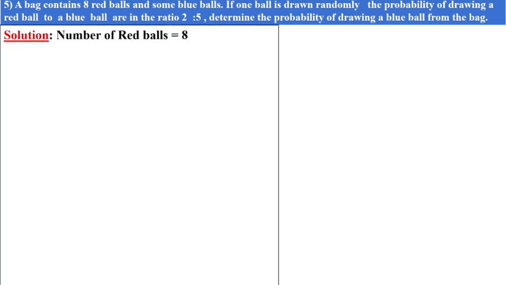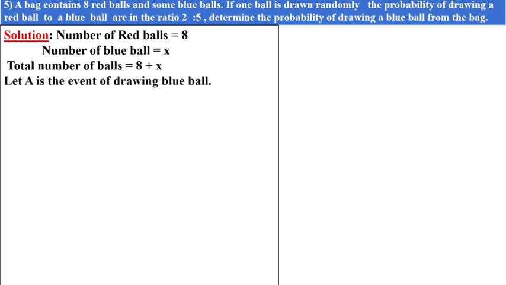Now student, the number of red balls is given, 8, but the number of blue balls is not given. So what will we assume? X. So student, the total number of balls is 8 plus x. Let A be the event of drawing a blue ball, but what is the ratio given? 2:5. It means 2 is the ratio of red balls and 5 is the ratio of blue balls.